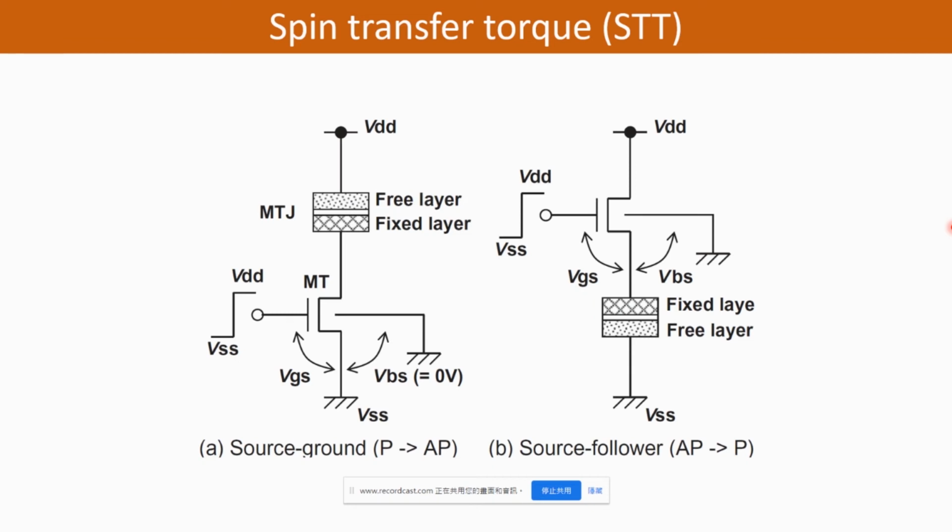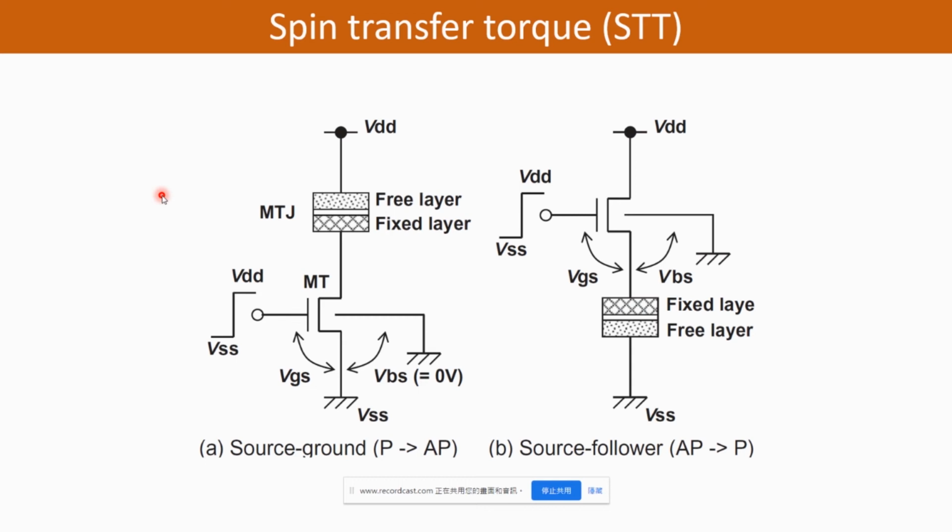Okay, and here the picture shows the transistor operation mode in writing, the voltage relation between the cell MOS transistor and the MTJs. And the picture A here shows when the writing of the parallel state to the anti-parallel state is accomplished, a high voltage of VDD is connected to the free layer.